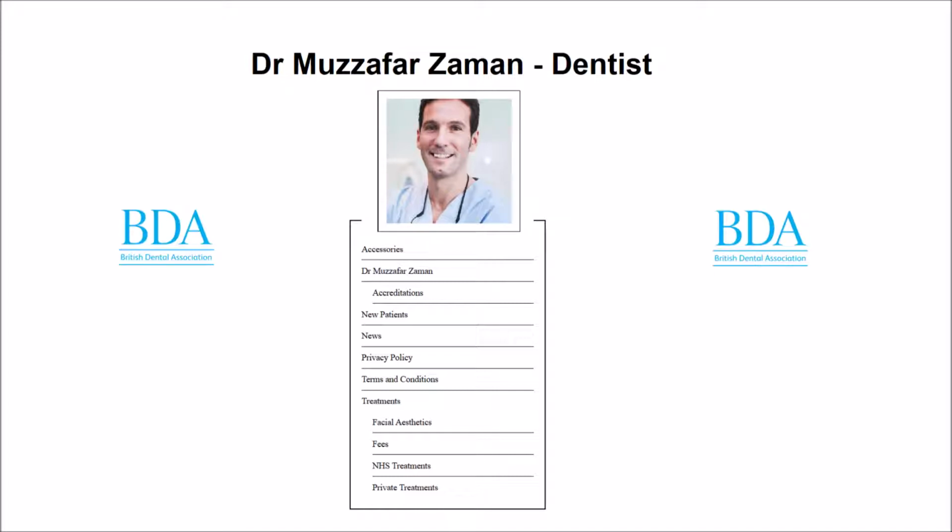Underline number 2 in brackets, decay in a wisdom tooth. One of the most common reasons for having a wisdom tooth taken out is dental decay or dental caries, spelt C-A-R-I-E-S.